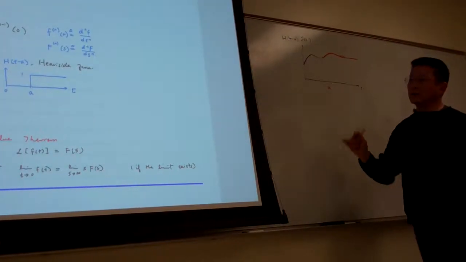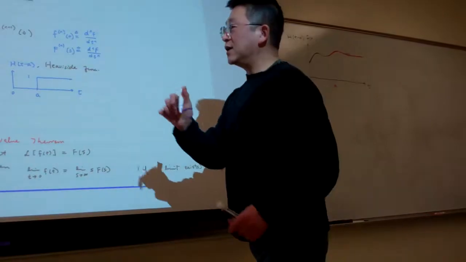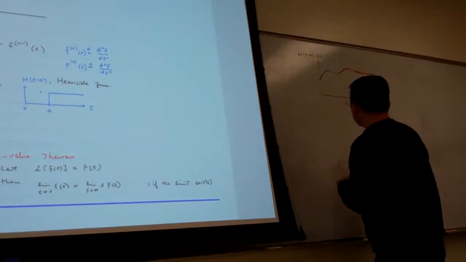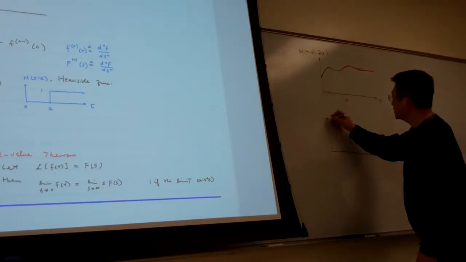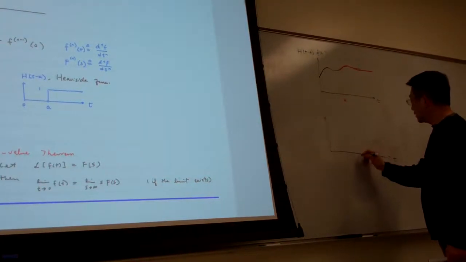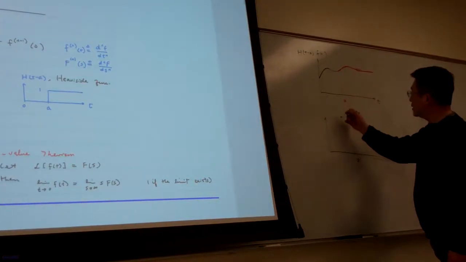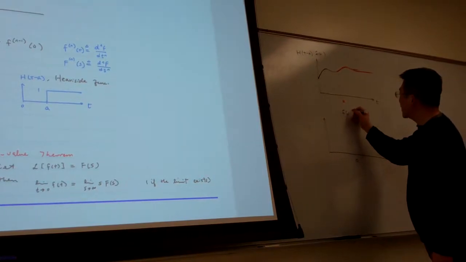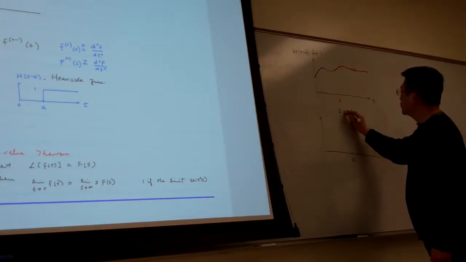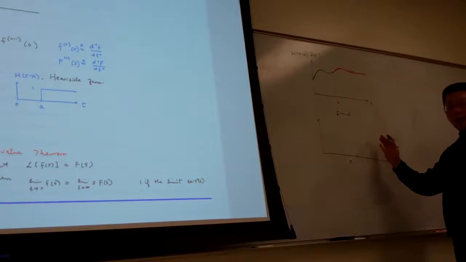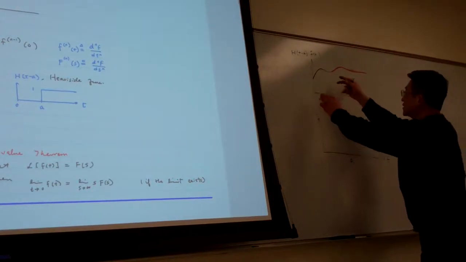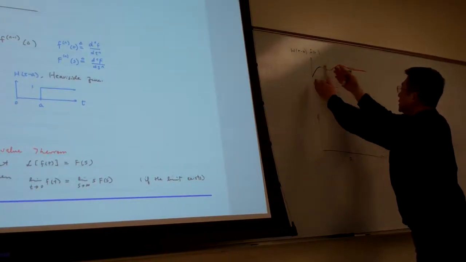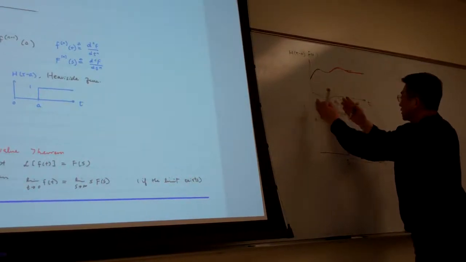And then what is f(t minus a)? If we have the function, and this is t, and this is a here, then f(t minus a) simply does the shifting in the time domain by that much. So basically this curve is shifted to here.